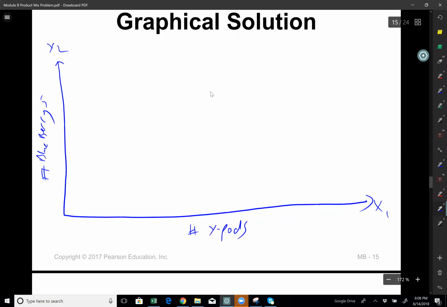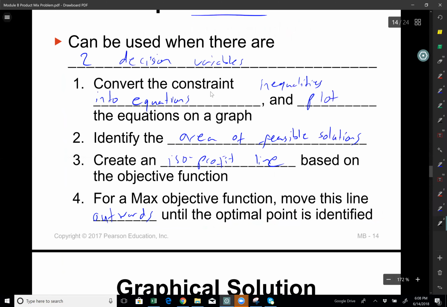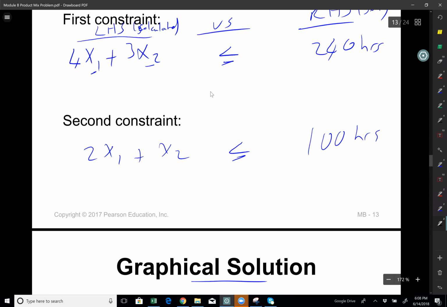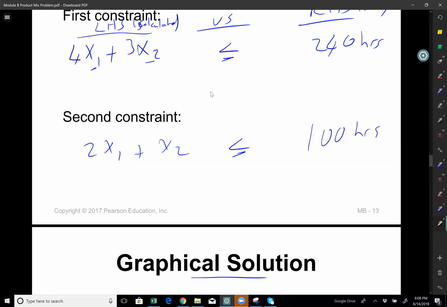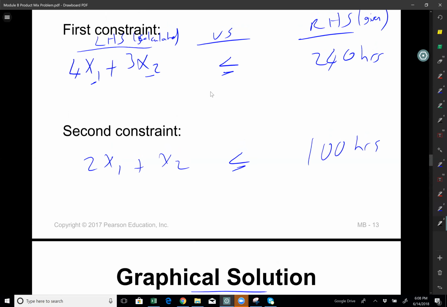All right. If I draw my first constraint, basically the first constraint is 4x1 plus 3x2 equals 240. So if I put 0 in x2, then my x1 value will be 240 divided by 4, which is 60.